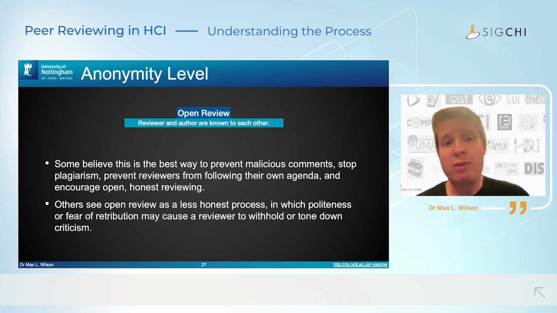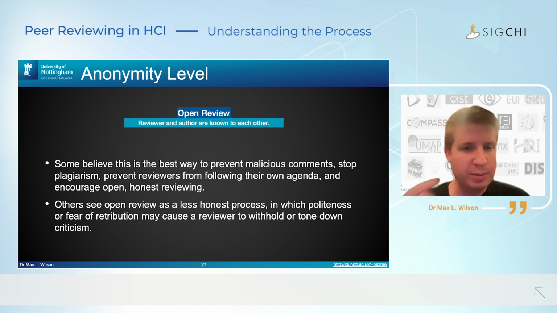So people believe this open review process can establish more openness across everybody. One of the downsides is that because there isn't anonymity, sometimes people are less honest. You can be polite but still honest and say this paper is not good, and then you don't feel bad next time you see the author at a conference.